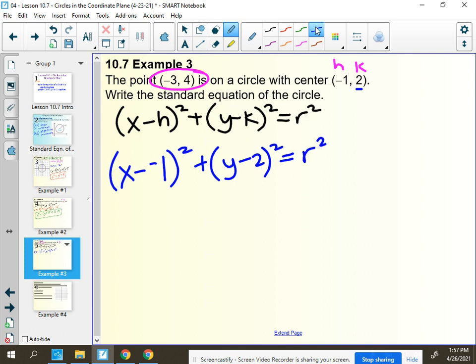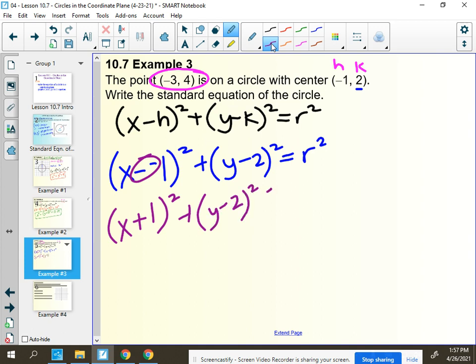We already acknowledged that r squared, we don't know it, but that's pretty cool. x plus 1 squared plus y minus 2 squared equals r squared. So the left side of this equation can be my answer step. We'll leave it here like this and come back to it. As soon as I figure out what the radius is and square it, we'll substitute it in right here and be done. How do we do that?